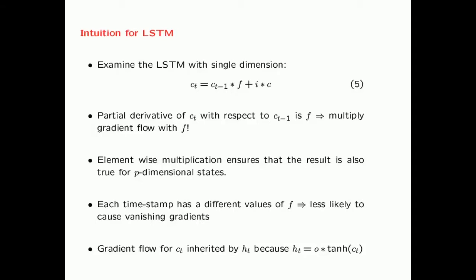Now, in the case of the LSTM, we have a separate short-term memory and a separate long-term memory, with the long-term memory playing the primary role of stabilizing gradient flows. It turns out that it's actually possible to have stable gradient flows without having a separate long-term memory, and that is the idea of the gated recurrent unit.